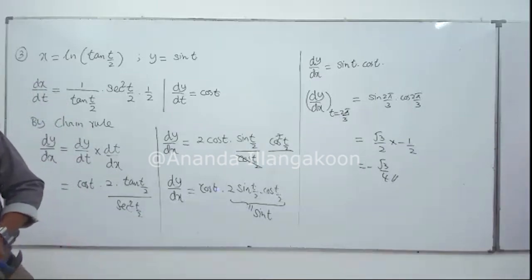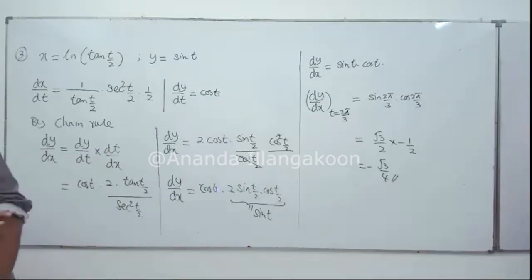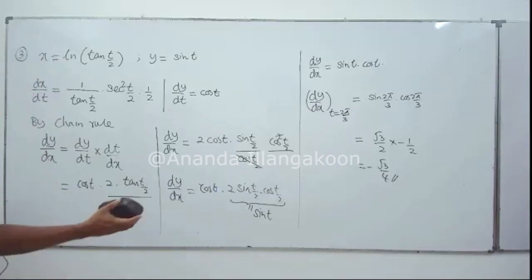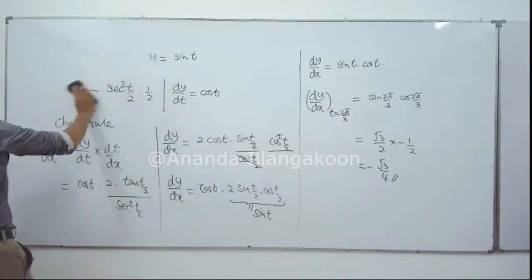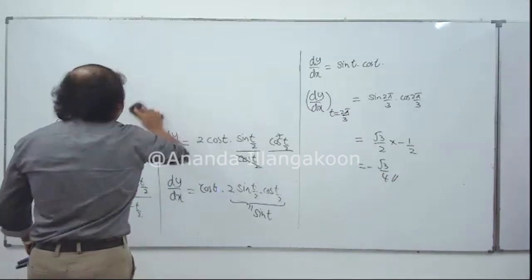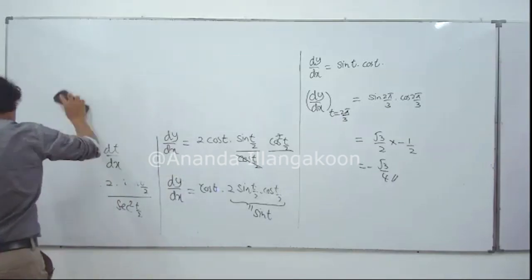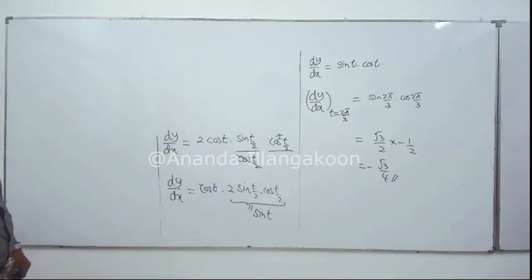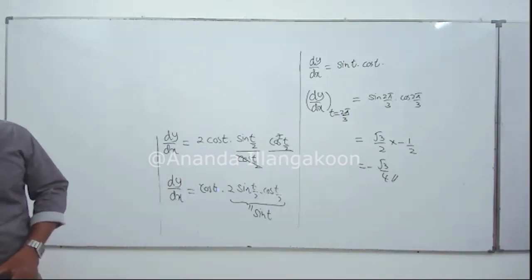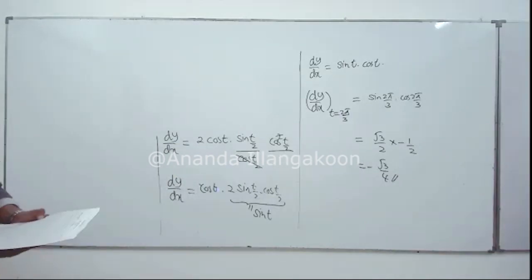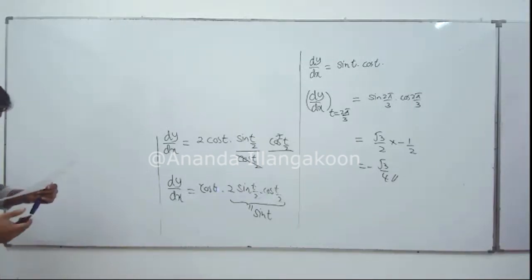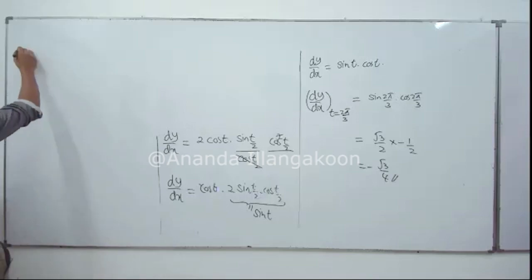Come to question number 4. The straight line L1: x plus y minus 5 equals 0.